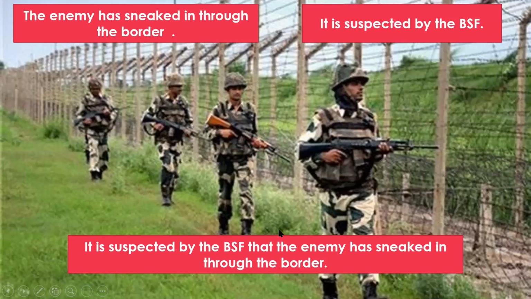See, we are using the word that, and your subordinate clause in this case will be that the enemy has sneaked in through the border. So this is the subordinate clause beginning with that, and this subordinate clause is a noun clause. That the enemy has sneaked in through the border is a noun clause. And the question which we ask is, what is suspected by the BSF?